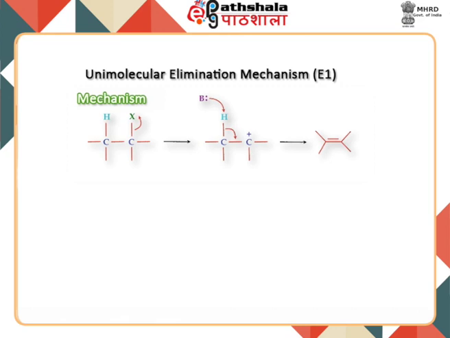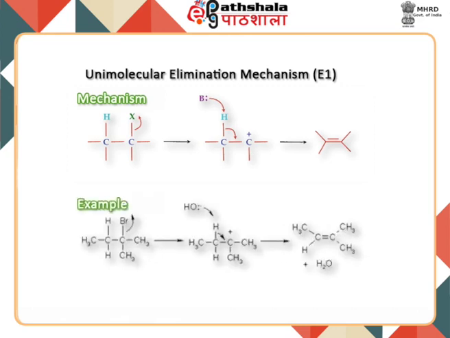The overall elimination is completed by rapid removal of a proton from the adjacent carbon by attack of a base, leading to formation of a double bond between the two carbon atoms. Here we can see the dehydrohalogenation of an alkyl halide, which is an example of the unimolecular elimination mechanism, that is E1.